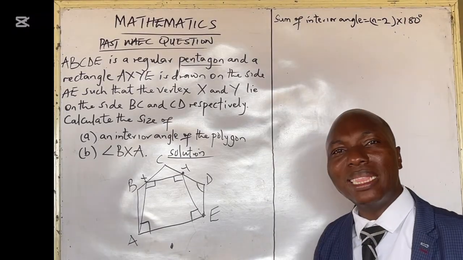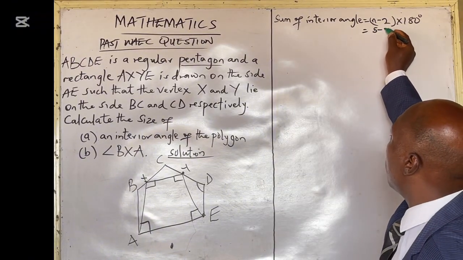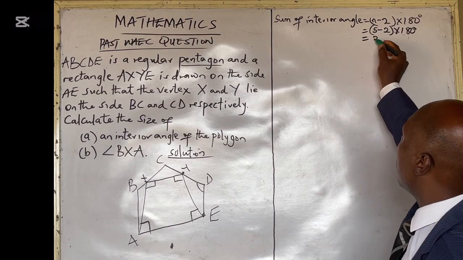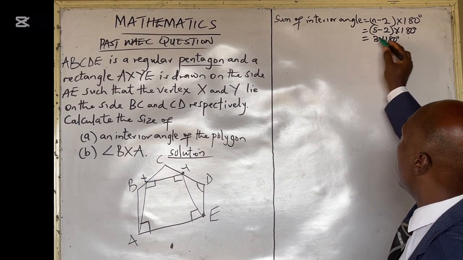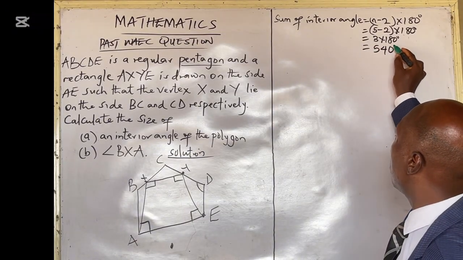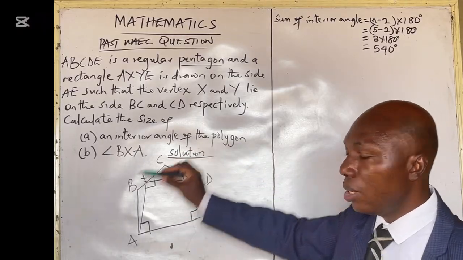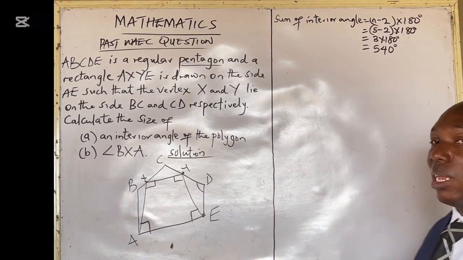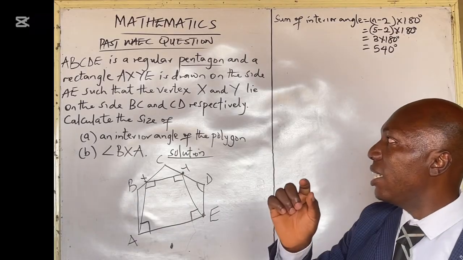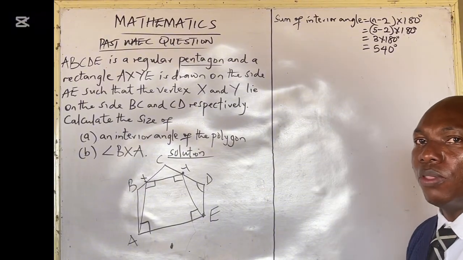Since a pentagon has 5 sides, we have 5 minus 2 times 180 degrees, and that's 3 times 180 degrees, which is 540 degrees. So the sum of the interior angles of this polygon is 540 degrees.